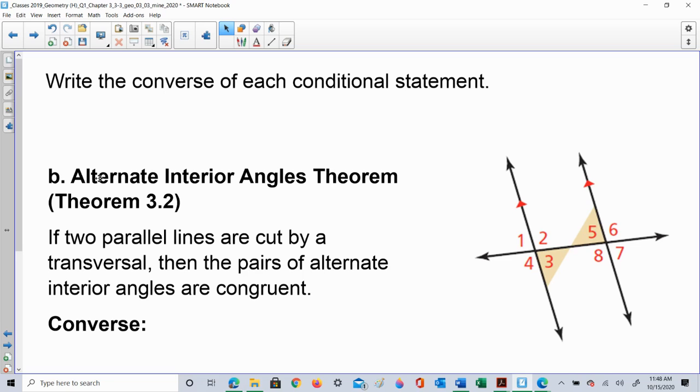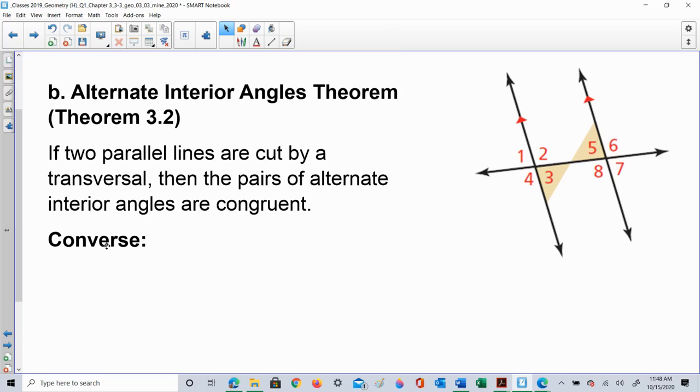So we have a converse for the alternate interior angles theorem as well. And of course, that one doesn't show up.